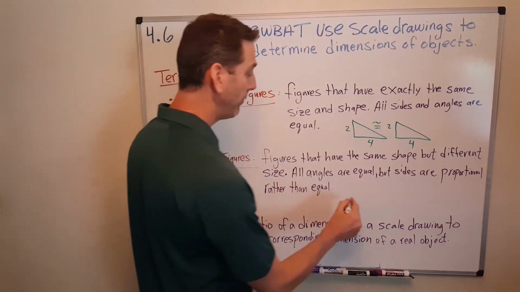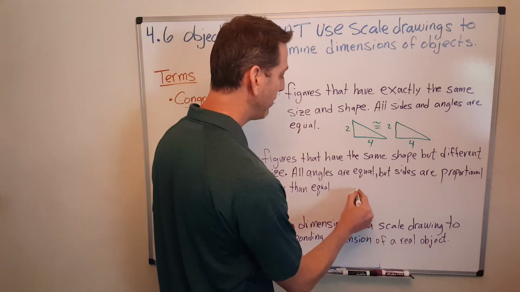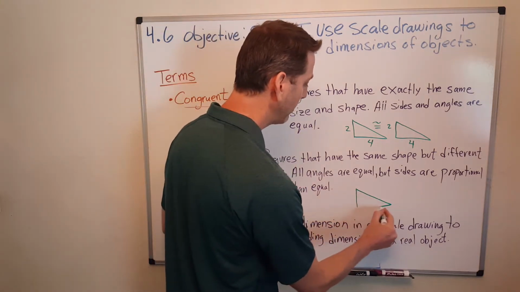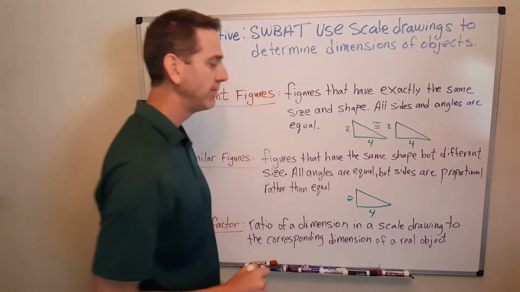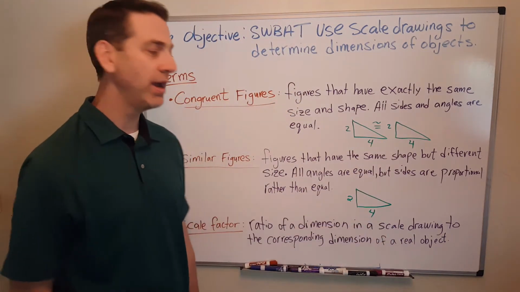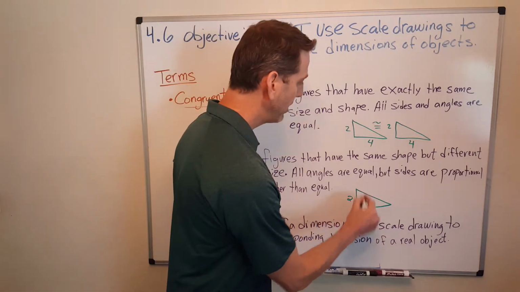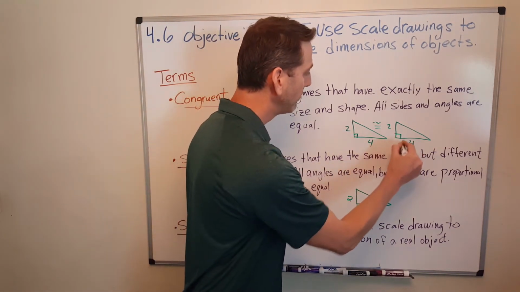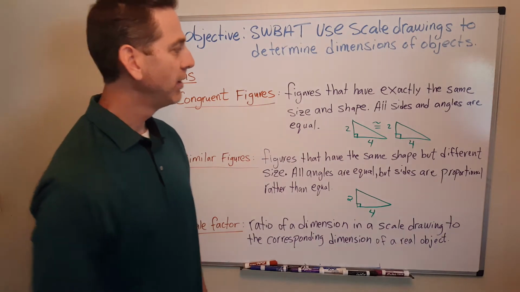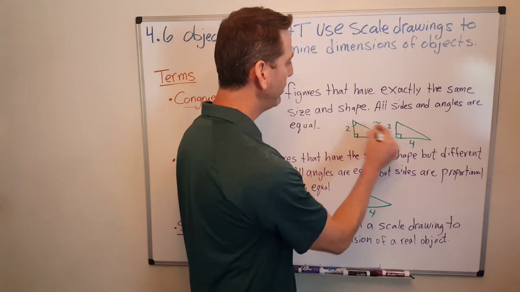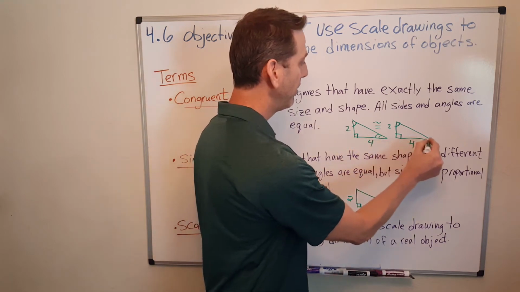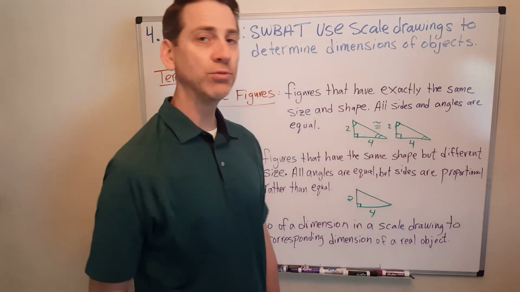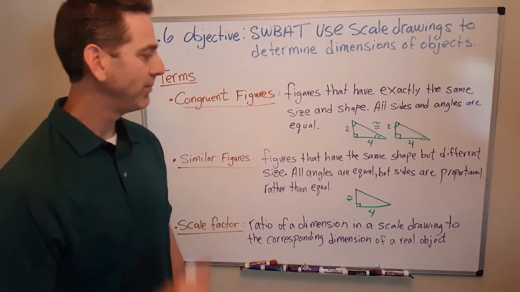For example, if I have the same triangle as I had up here, a 2 by 4 right triangle, these are right triangles. And by the way, I forgot, these would be the same angle there, and this angle, those angles would be equal as well.